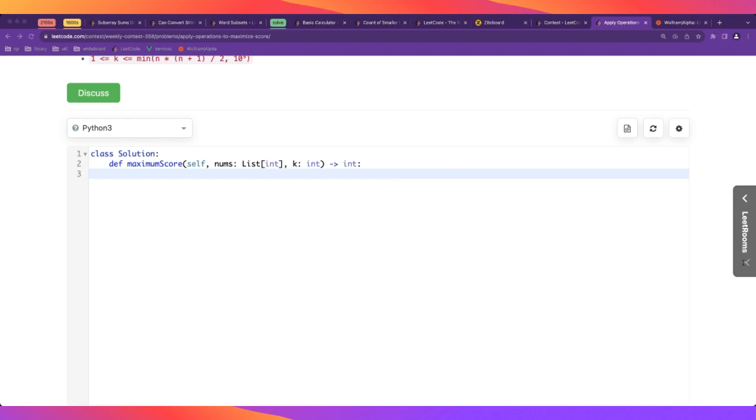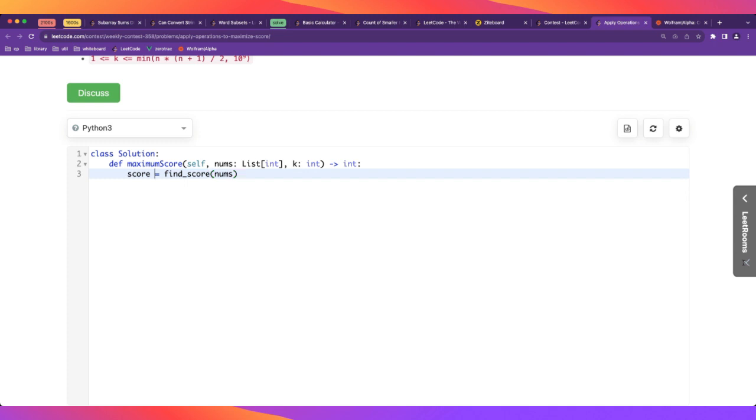So, like I said, we want to try to decompose all the scoring, the prime scores. We want to isolate that from the actual solution to the problem.